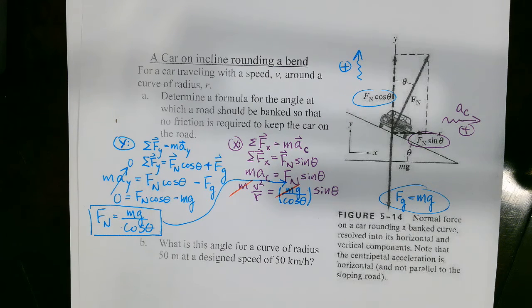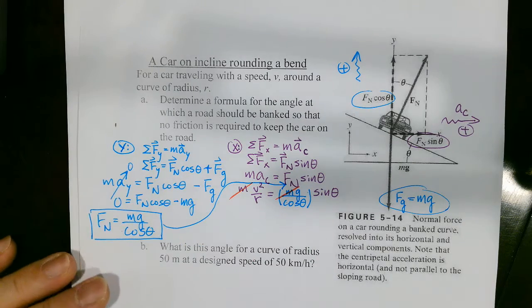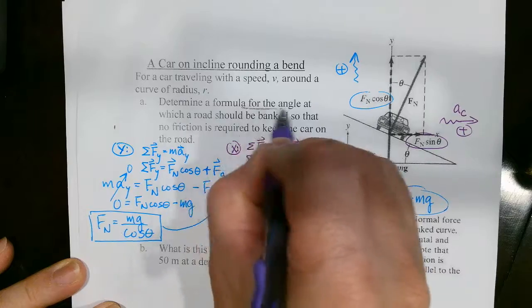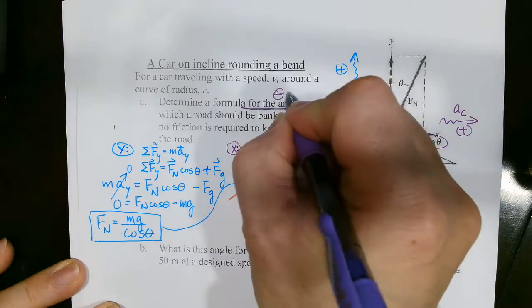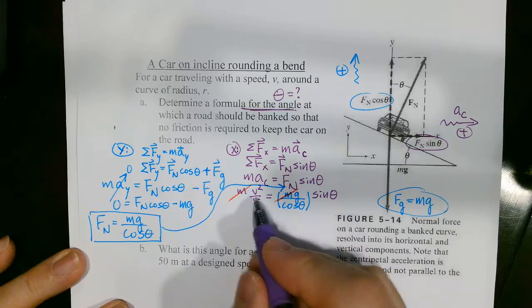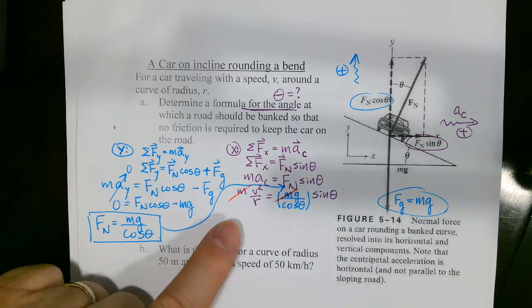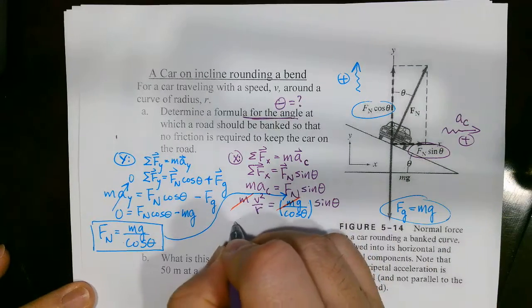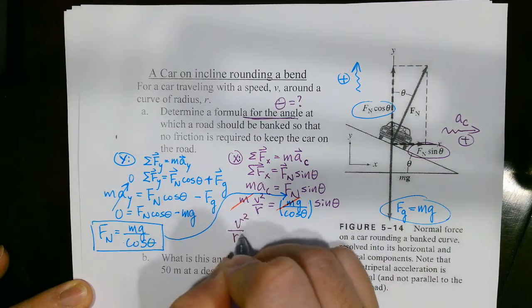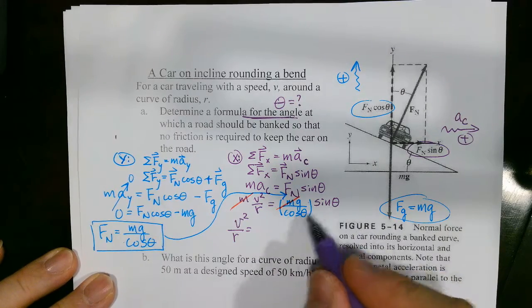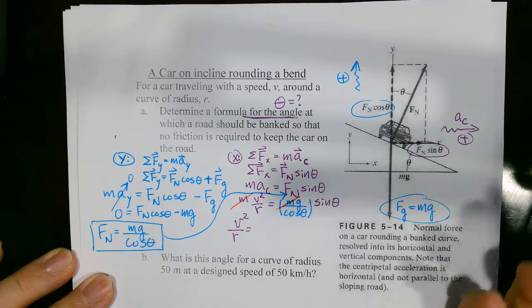So they want us to figure out what the angle theta has to be. Well, to do that, we utilize this: v squared over r is equal to g times sine over cosine, which becomes tangent.